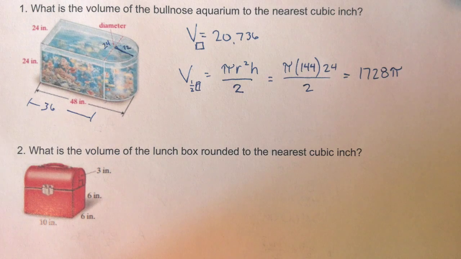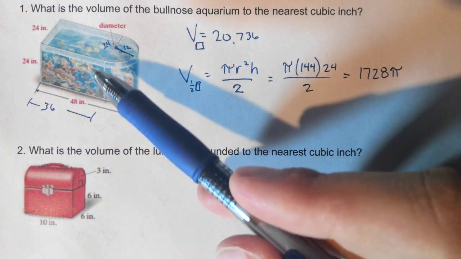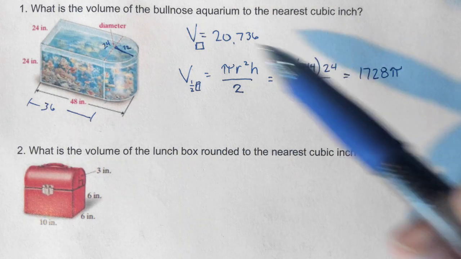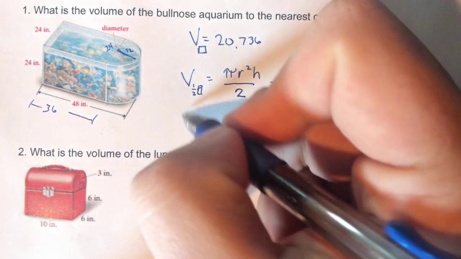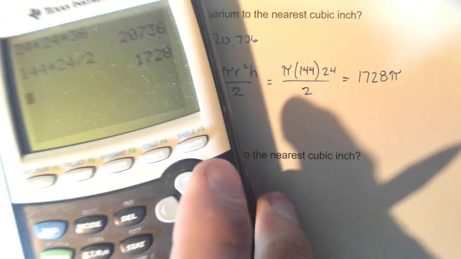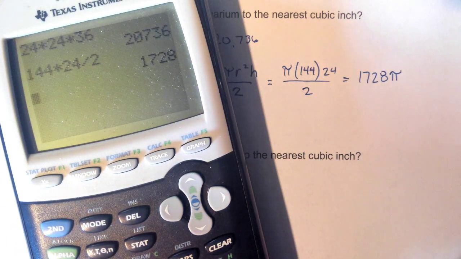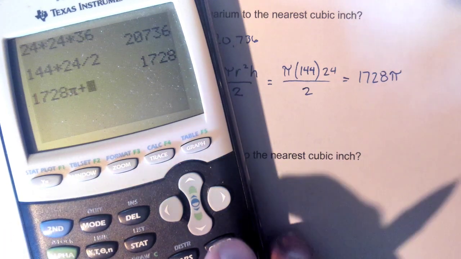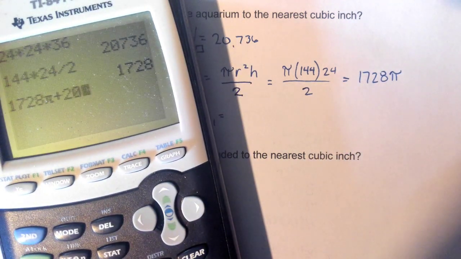Okay, so if the volume of the rectangular part is that and the volume of the cylindrical part is that, the volume of the total figure is going to be the addition of those two things. So we're just going to add those two things together. So 1,728 pi plus 20,736.